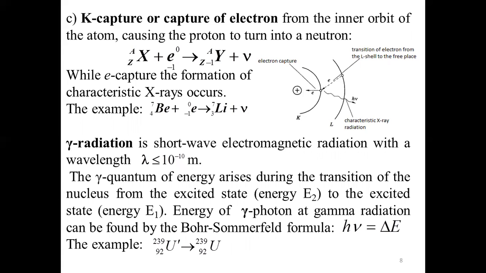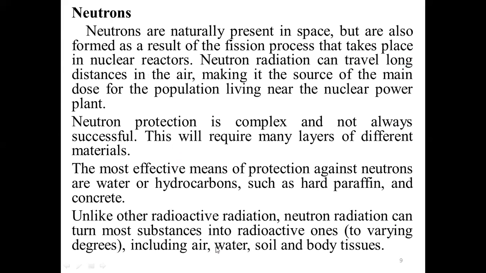The energy of a gamma photon can be found according to the Bohr-Sommerfeld formula, where its frequency is proportional to the difference of energy between these levels. An example can be the transformation of excited uranium-239 to less excited uranium-239.